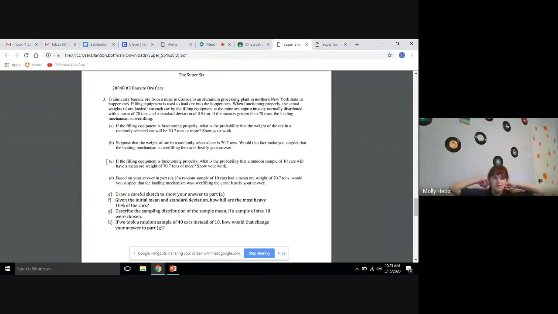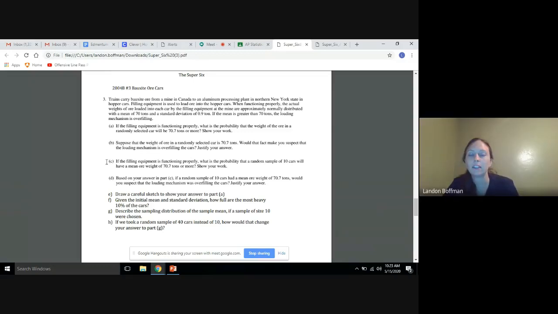I guessed on the number because I forgot how to do it, but I guessed a really small one because I figured that a random sample of 10 cars being much higher than that would be pretty small, if that makes sense. That concept makes sense. Anyone know how to get the numbers to support that idea?